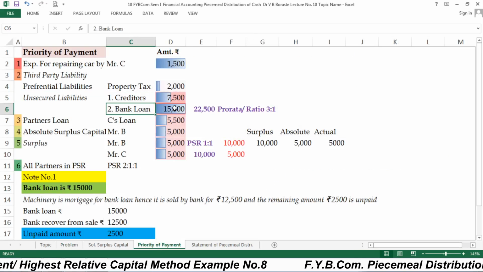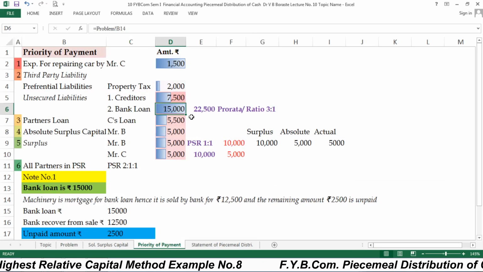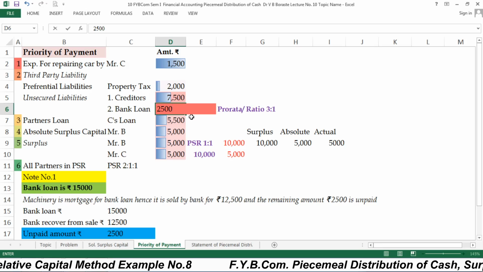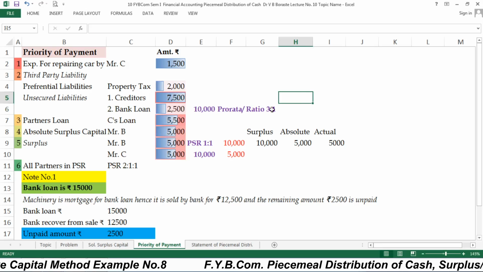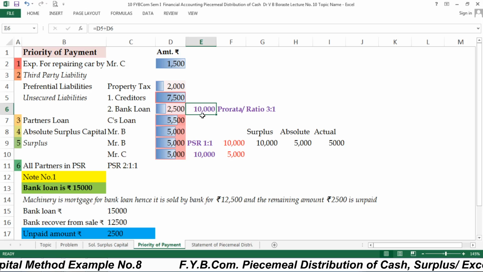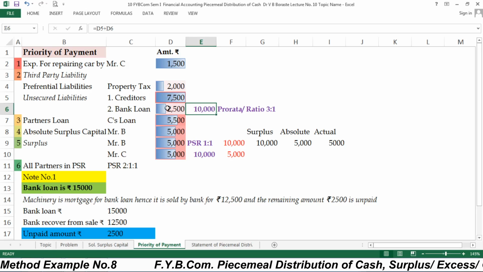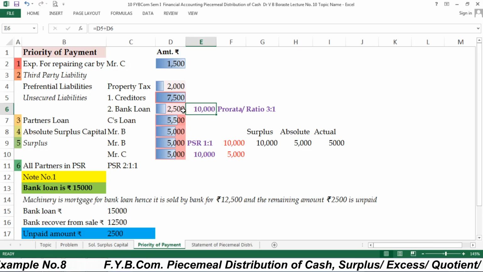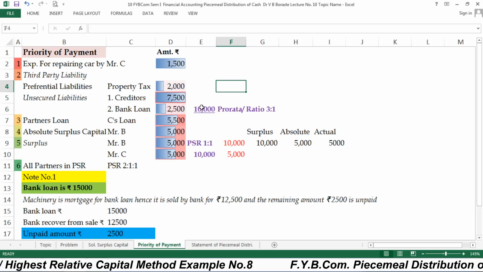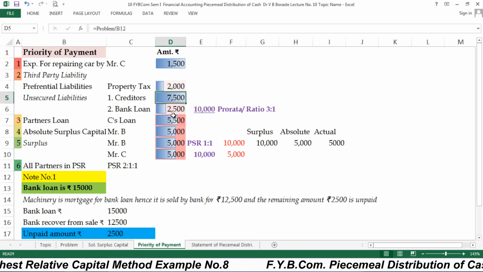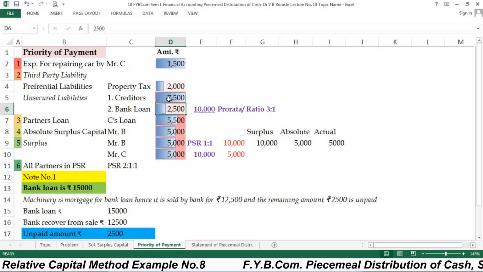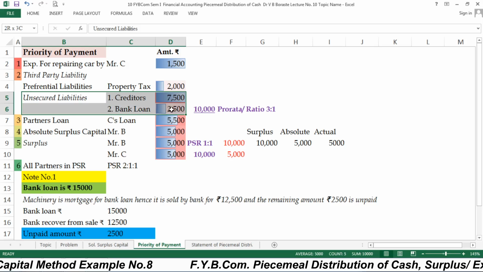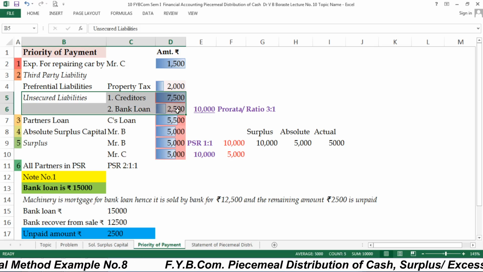So here we have to pay only 2,500, that is bank loan which is unsecured, and the ratio of these liability holders will be 3:1. That means under unsecured liabilities we have to pay creditors 7,500 and bank loan 2,500.